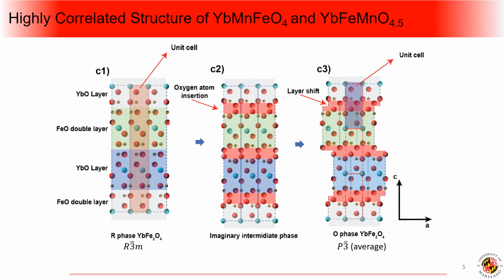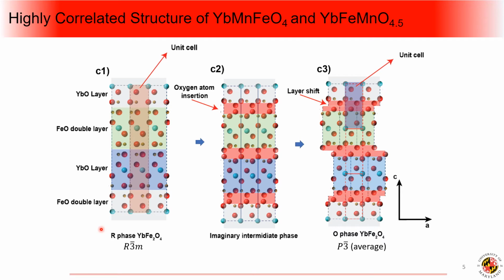So now we have the average structure, so we can try to look at how this transition happens. It turns out that when the original phase uptakes oxygen, the oxygen atoms are inserted in between the iron oxide double layers here, and it seems there's a very huge repulsion force, so the layers undergo a shift in both the A direction and B direction, which leads to the structure transition to the new phase.